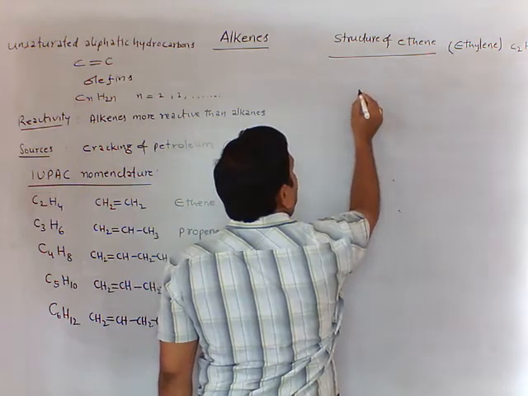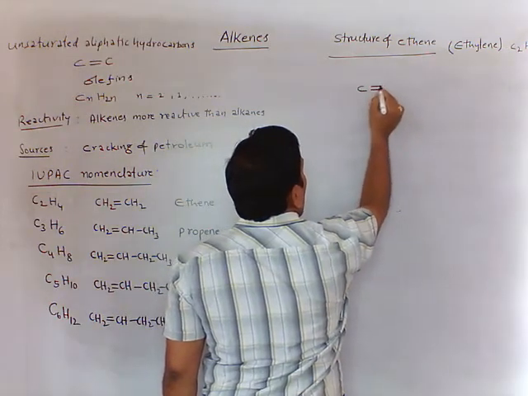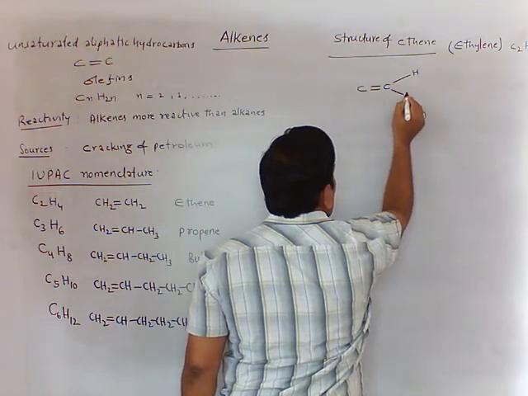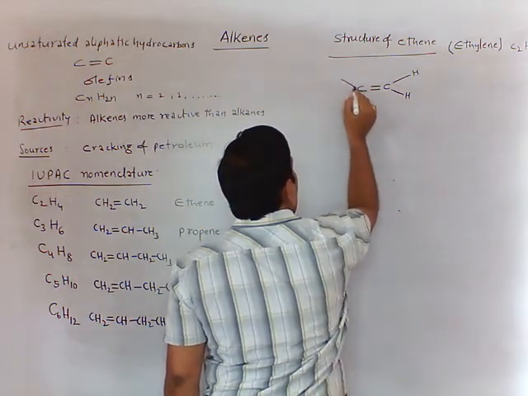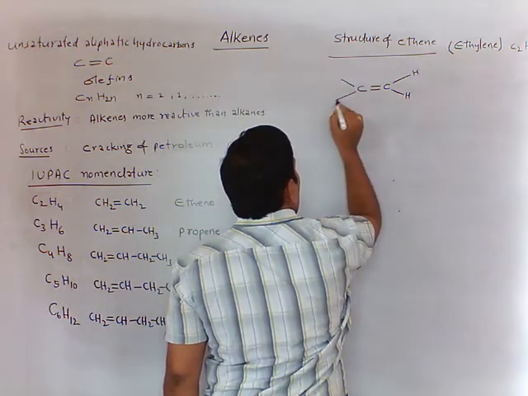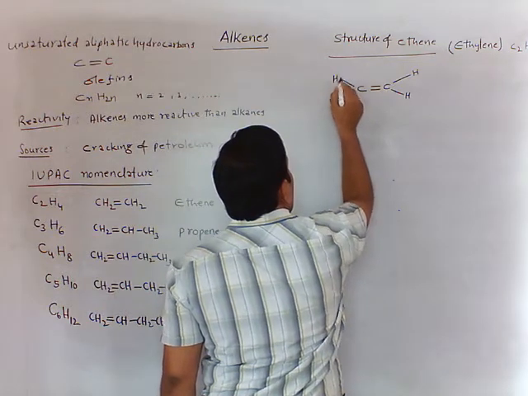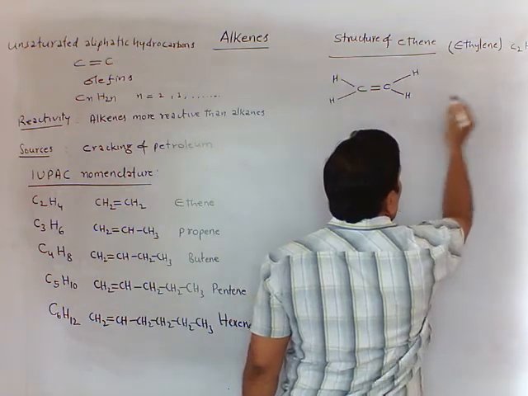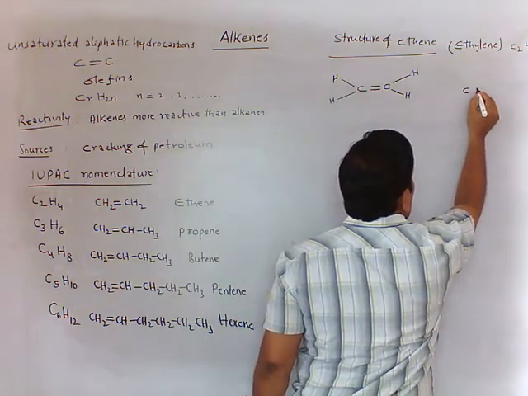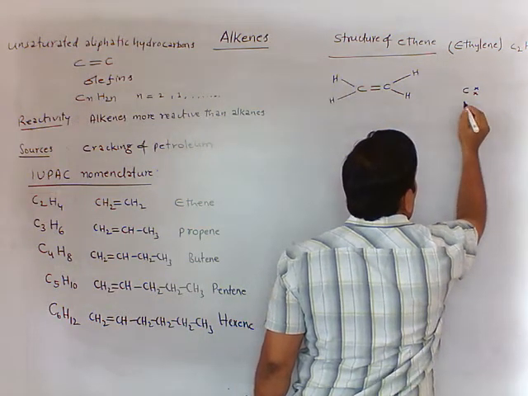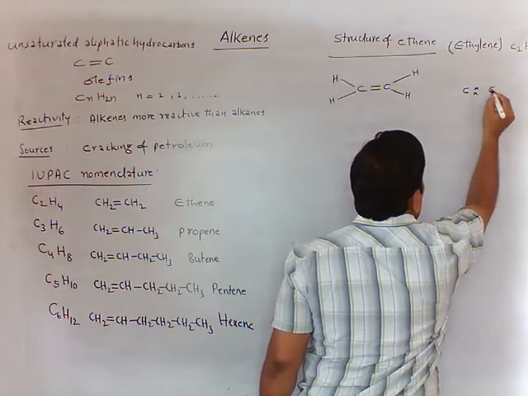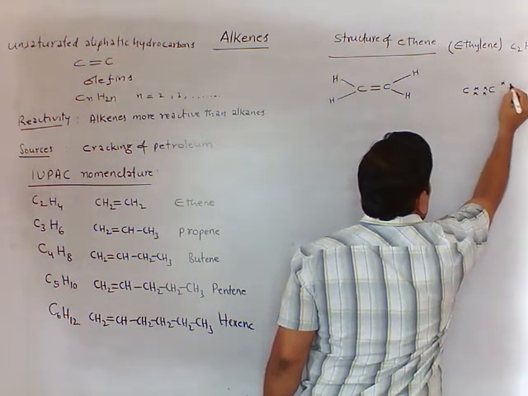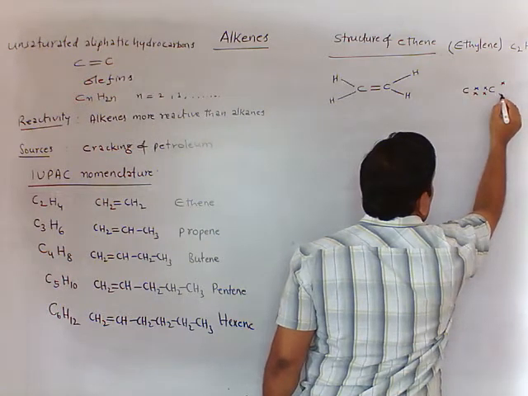See here structure C double bond C, with H, H, H, H. Now electronic structure: I am taking carbon electrons with cross, 2 electrons here, another carbon 2 electrons, and one electron at this position, another electron at this position.